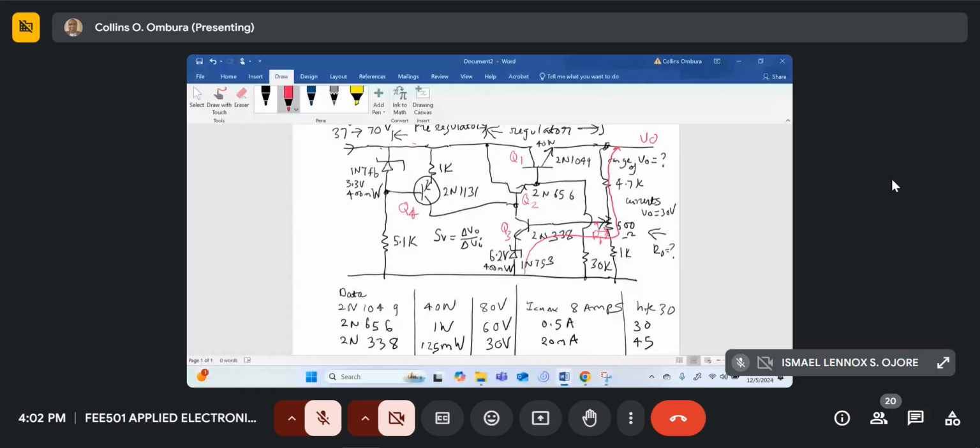Now, for those of you who are smart, you can see that Q4 is just actually a constant current source. It ensures that this current over here, I'll call it I Q4, is equal to a constant.